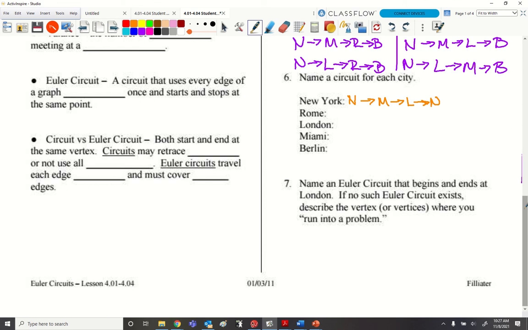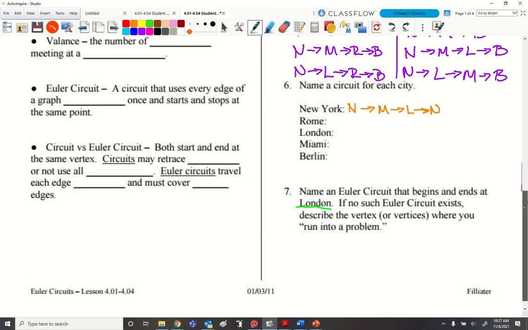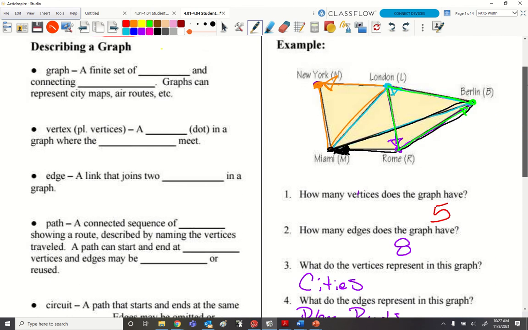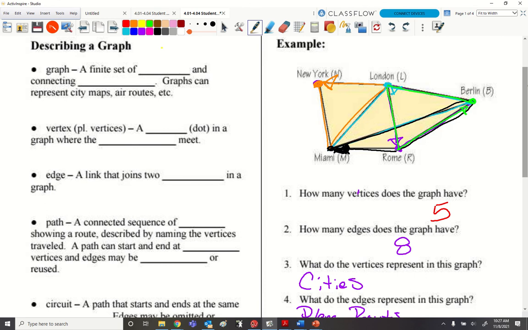So the Euler circuit is going to start in London. If no such circuit exists, describe the vertex or vertices where you run into a problem. I'll give you a couple minutes, and I've got a prize if someone can actually get this one.